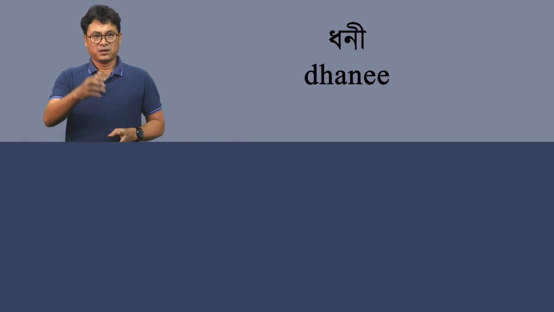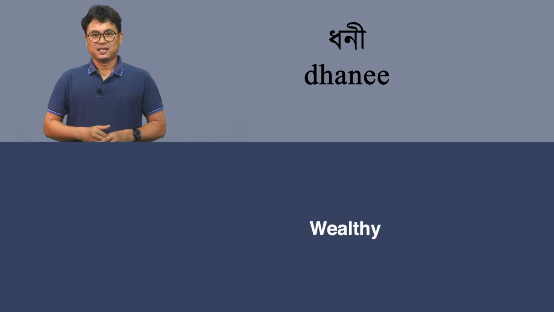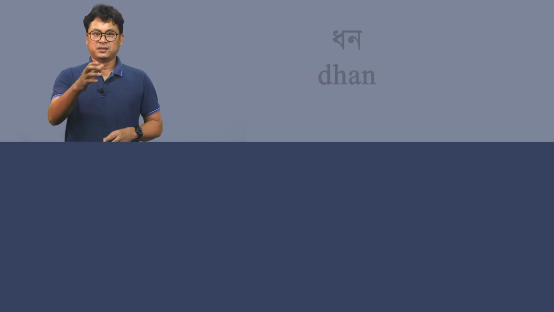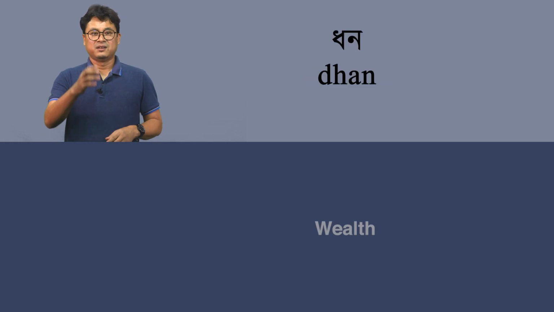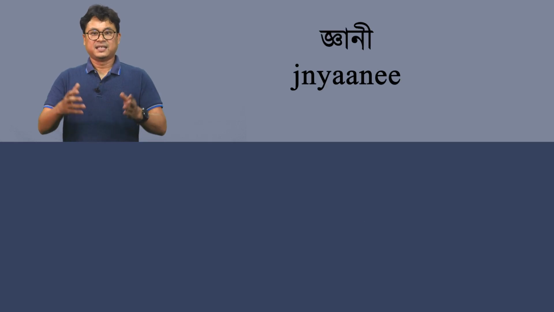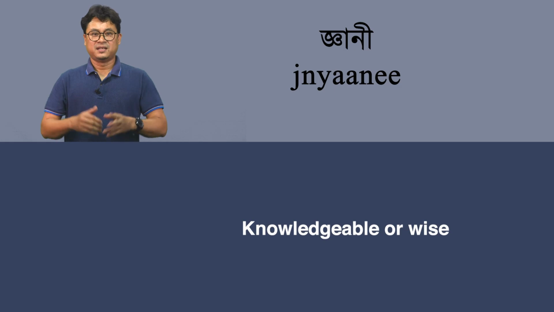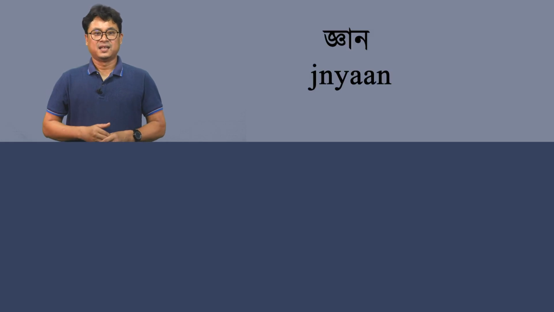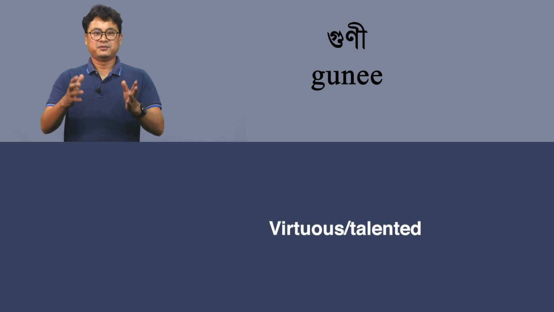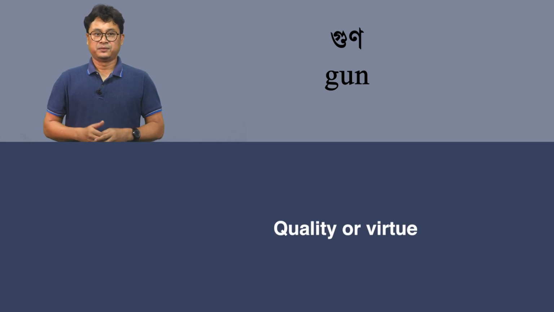Dhoni means wealthy, from the noun dhan, which means wealth. Gyani means knowledgeable or wise, from gyan, which means knowledge. And guni means virtuous or talented, from gun, which means quality or virtue.